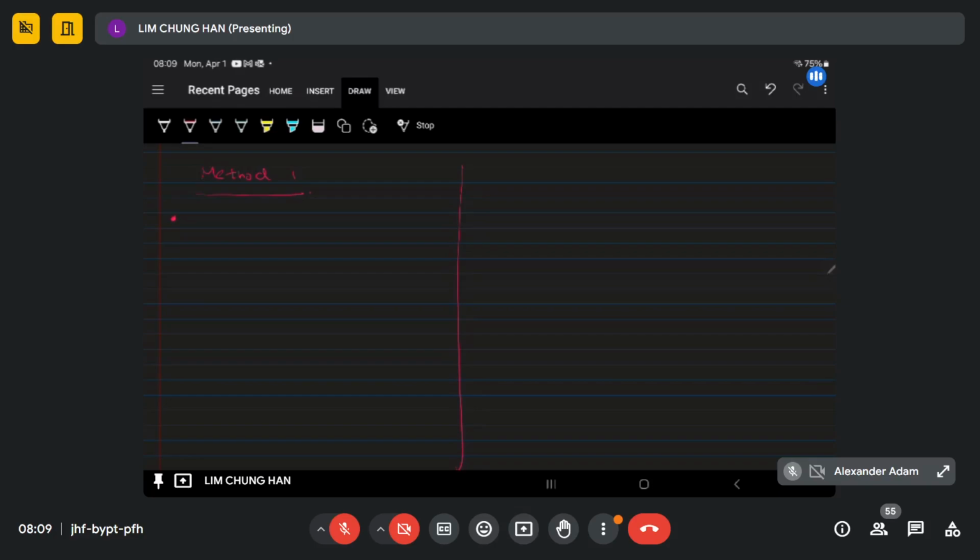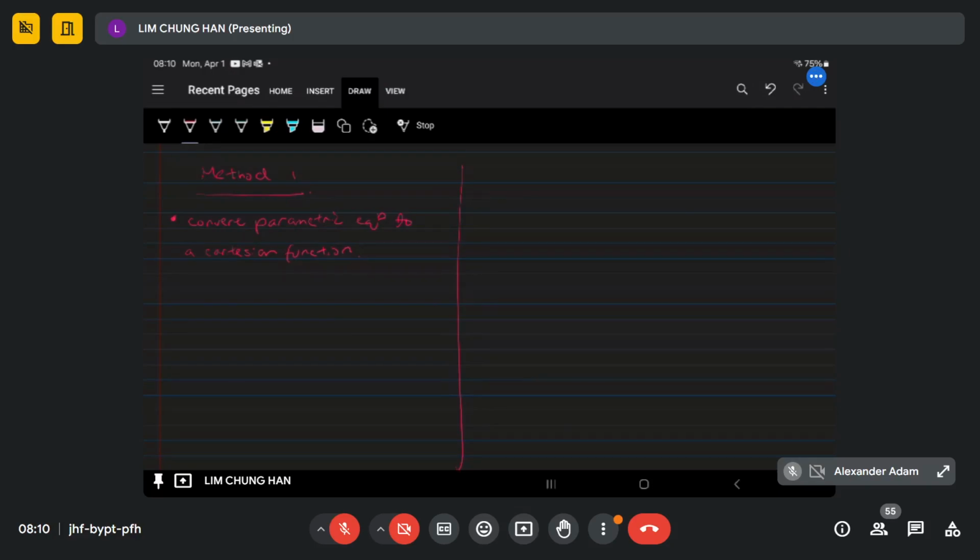You can convert the parametric equation to a normal Cartesian function. So this is method one. You convert the parametric equation to a Cartesian function.